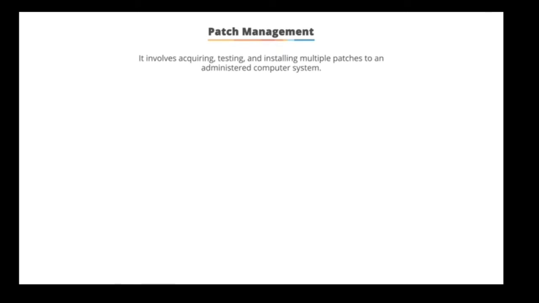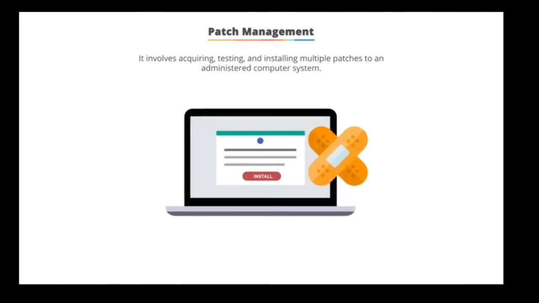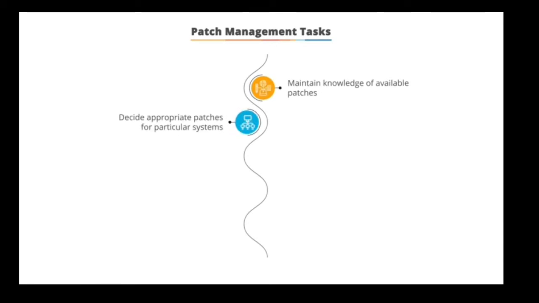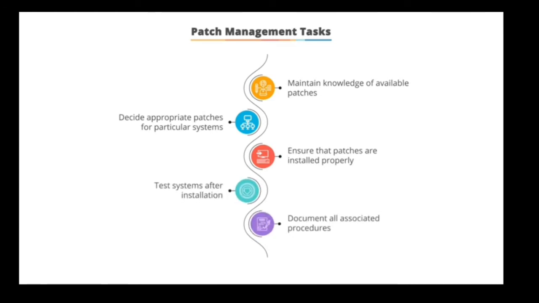Patch management is an area of systems management that involves acquiring, testing, and installing multiple patches or code changes to an administered computer system. Patch management tasks are things like maintaining current knowledge of available patches, deciding what patches are appropriate for particular systems, ensuring that patches are installed properly, testing systems after installation, documenting all associated procedures such as specific configurations required.